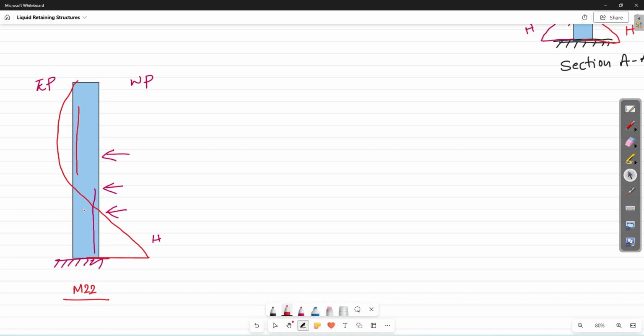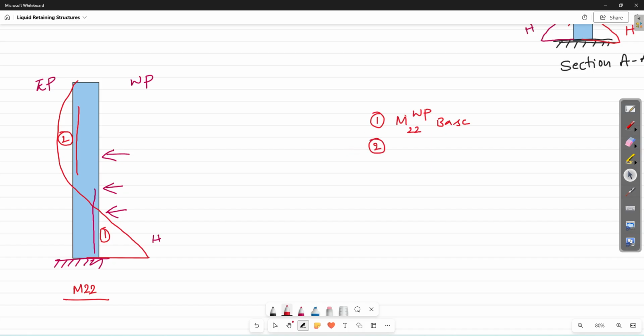I will call this steel number 1, and I will call this steel number 2. Steel number 1 is for the moment due to water pressure. It is M22, which is at the base.